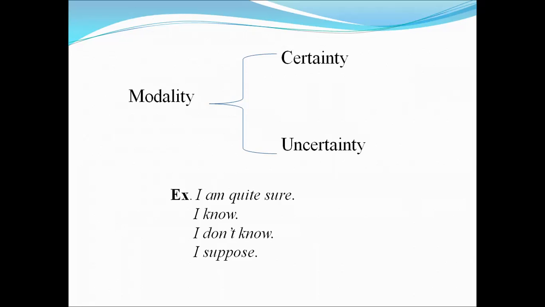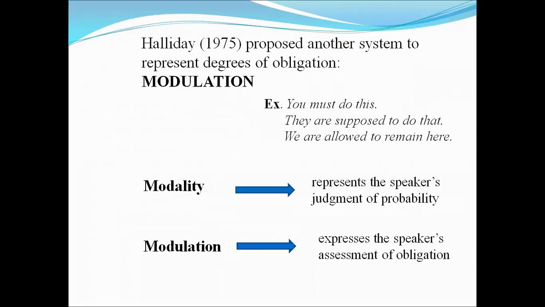If you turn to an upper intermediate grammar, you can see the hierarchy. Even without consulting a grammar, we can say which one is more certain. For example, here you can see, I'm quite sure, I know, I don't know, I suppose. You can see the hierarchy is somehow clear. We'll go further.